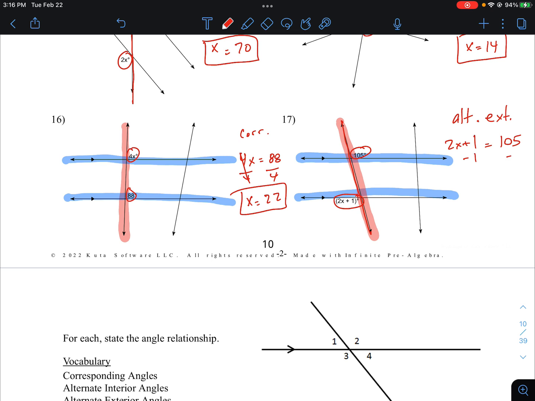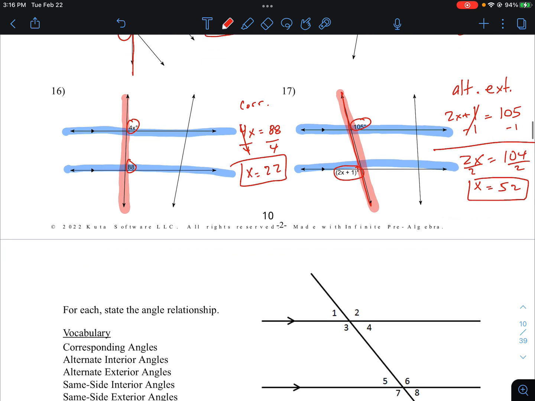Time to subtract from both sides. 2x is going to equal 104, I believe. If we divide by 2, x equals 52. So that is it.